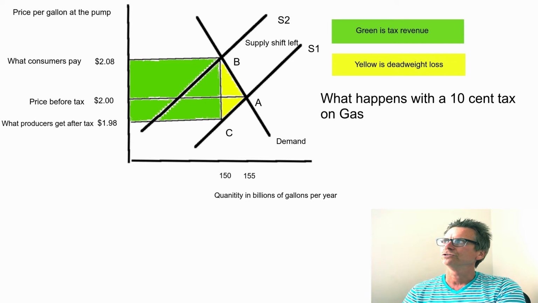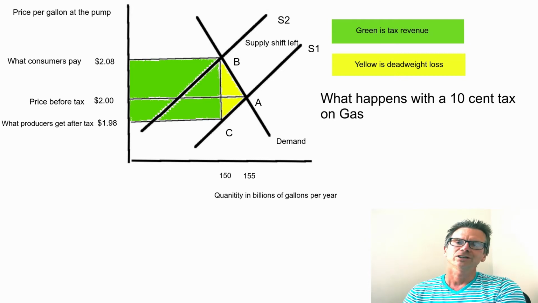In this case, you see the supply curve shift from A to B, and the intersection point is at $2.08 for gasoline to the consumer. This is a difference of 8 cents from point A, market equilibrium. Now, point C is what the actual producer has to pay. After taxes, he'll get $1.98.